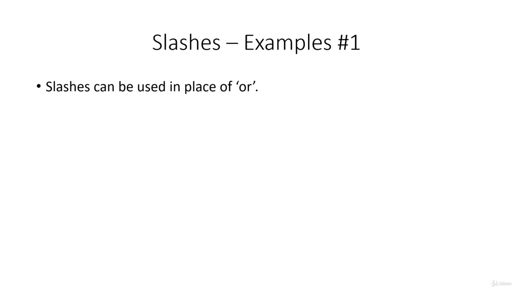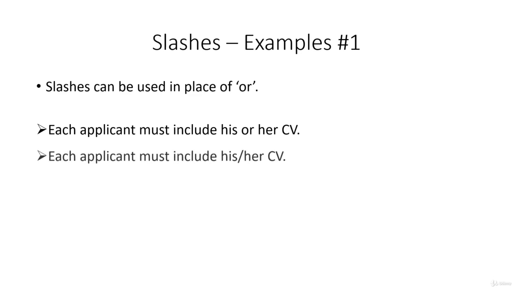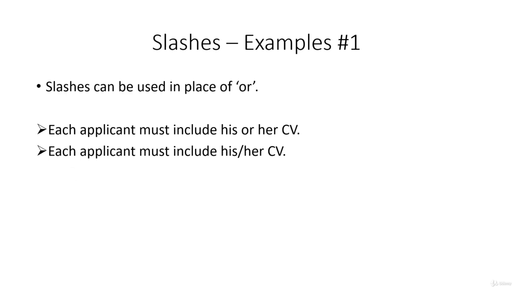If we look at some examples of where slashes are used to replace the word or, we could write, each applicant must include his or her CV, and this would be perfectly valid and legitimate. But we could also write it slightly abbreviated. Instead of the word or, we would put a slash, as we can see here.